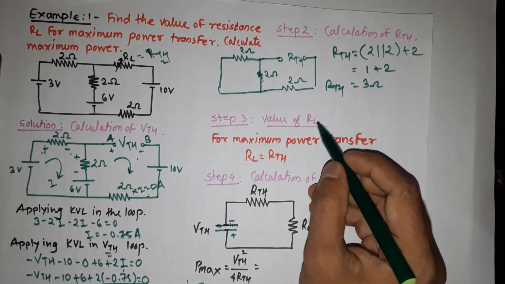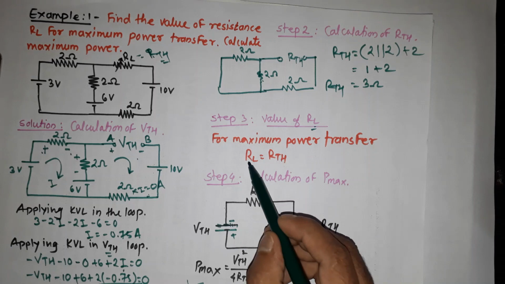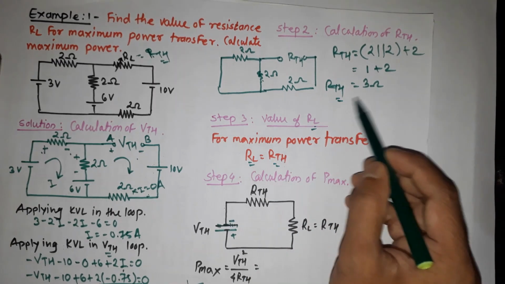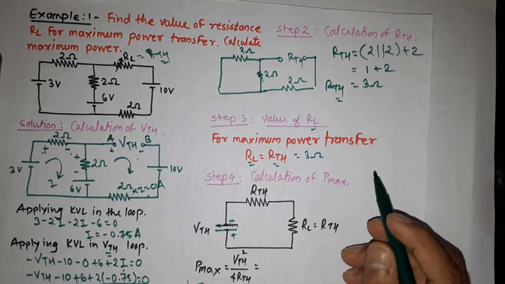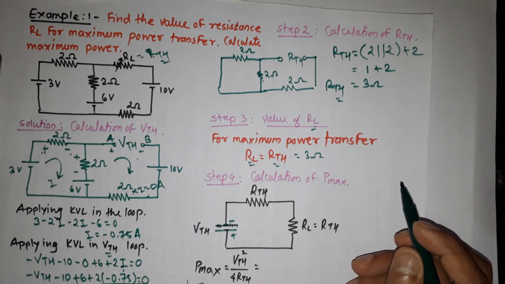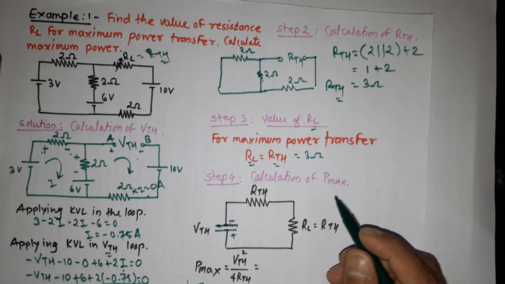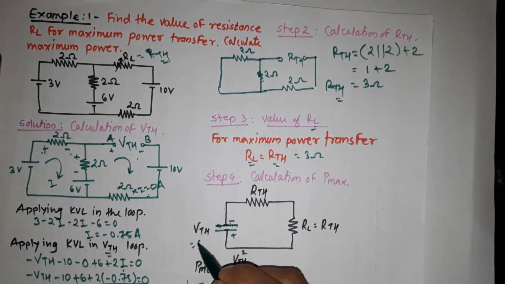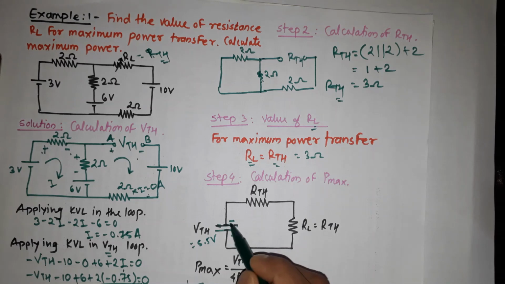For calculating the value of RL, we know that in the maximum power transfer theorem, RL is equal to RTH. So RTH is 3 ohm, therefore RL is equal to 3 ohm. Now the next step is calculation of Pmax, that means maximum power delivered to the load. So we are replacing it with the Thevenin's network. Here we found VTH is equal to 5.5 volt. Since we changed the direction or signs of VTH, there is no need to take a minus sign here.